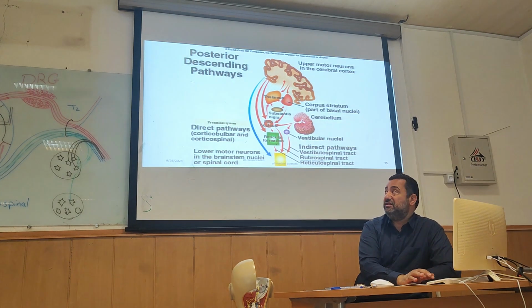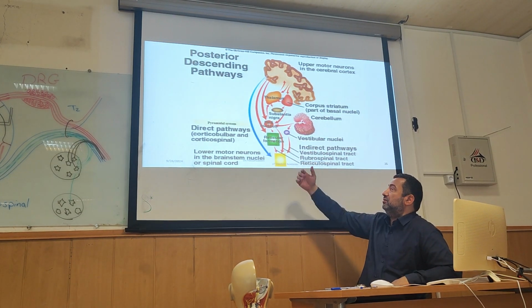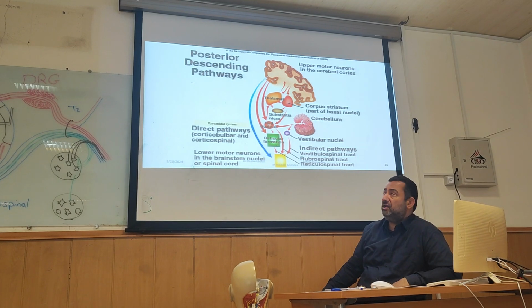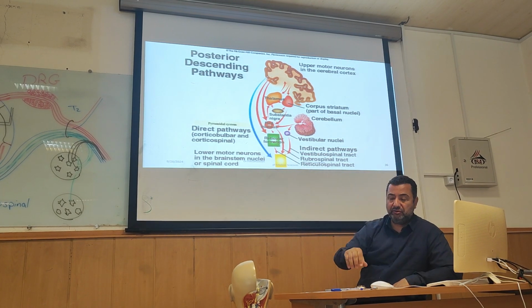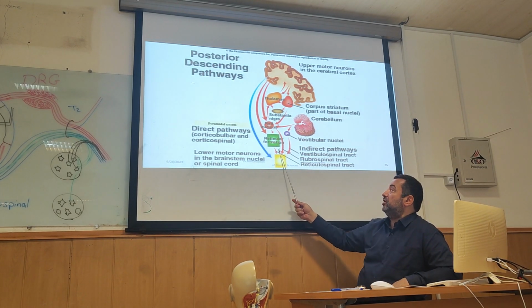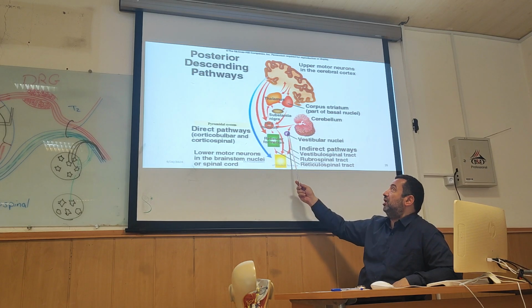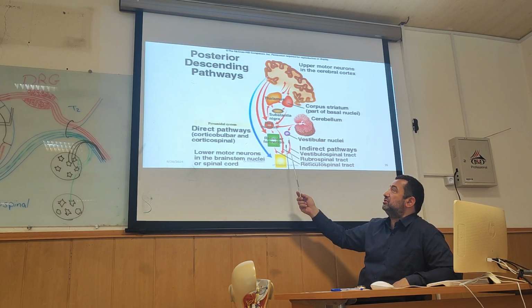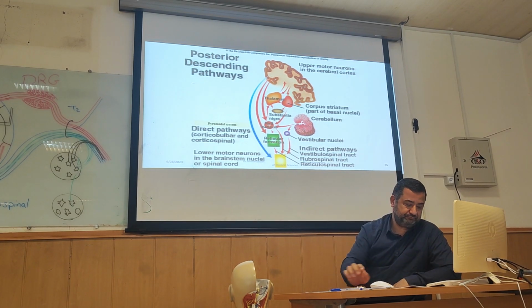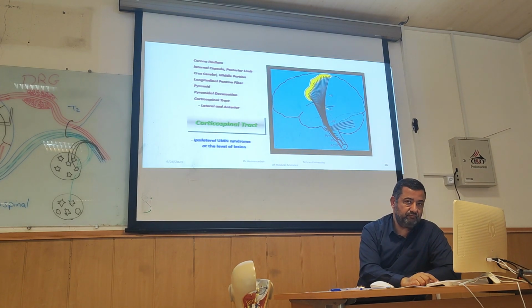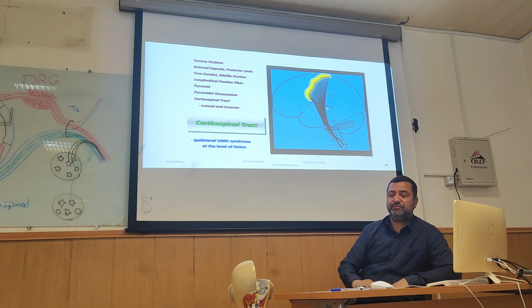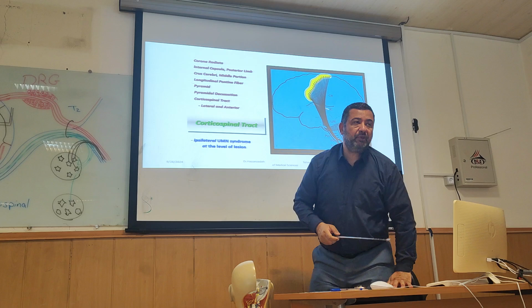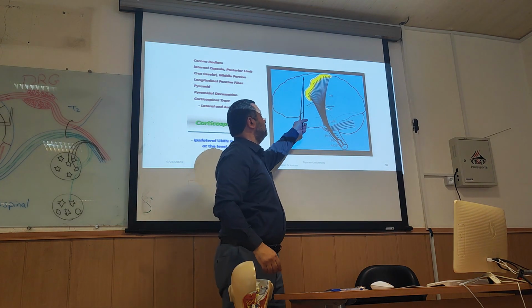These are descending fibers: from the cortex to the spinal cord, corticospinal tract, and from the red nucleus, rubrospinal, vestibulospinal, tectospinal, and reticulospinal. This is the corticospinal tract. You see here, this is the cortex.